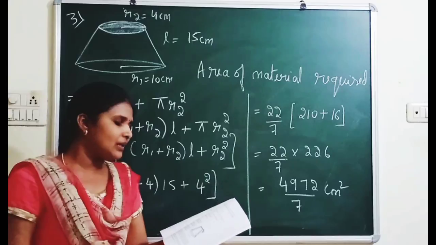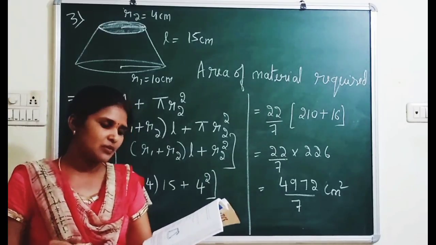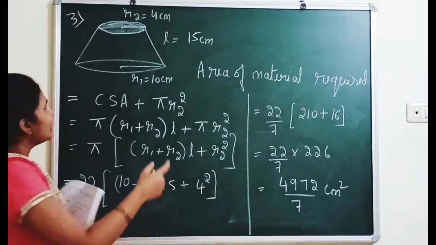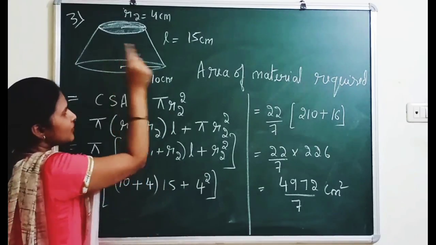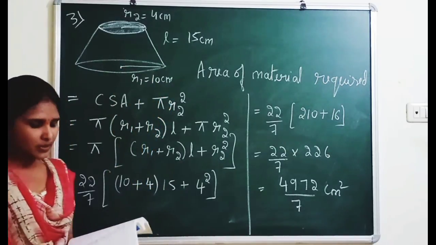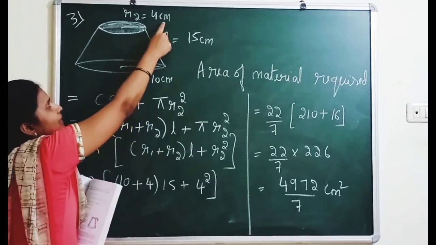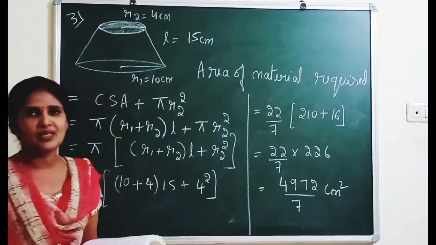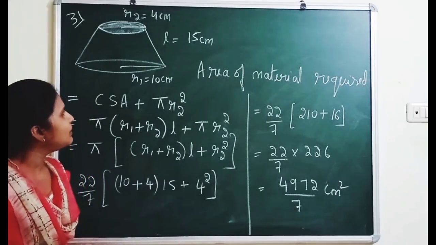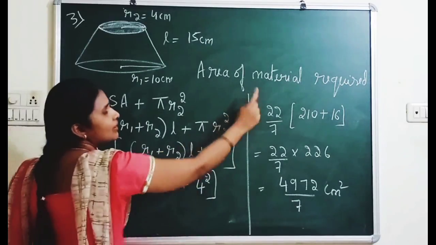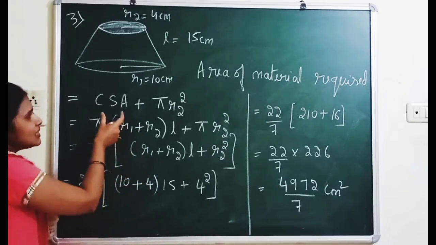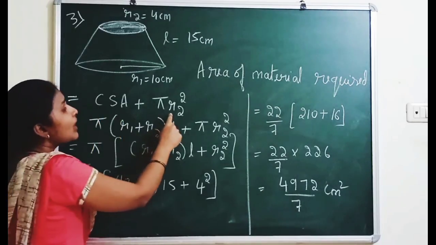And he has given clearly that it is shaped like a frustum of a cone, the radius on the open side, meaning this is open, is 10 centimeter, the closed side radius is 4 centimeter, and the slant height is 15 centimeter. Now let me find the area of the material required to make this cap, that is CSA plus pi R2 square.